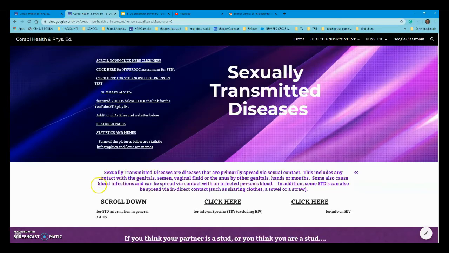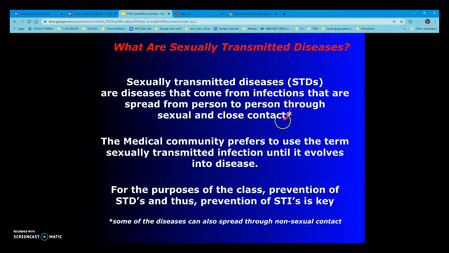Some are also caused by blood infections, such as HIV and hepatitis B, and can be spread through contact with an infected person's blood, and some STDs can be spread via indirect contact, so contact with an object that has semen or vaginal secretions, or discharge. Discharge is a symptom of some of the STDs.